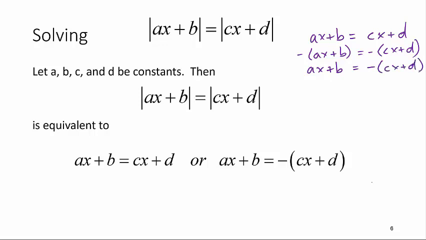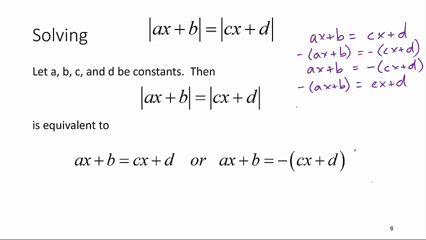Okay, so ax plus b equal to negative quantity cx plus d. Maybe the first one is negative and the second one is positive. Negative quantity ax plus b equal to cx plus d.